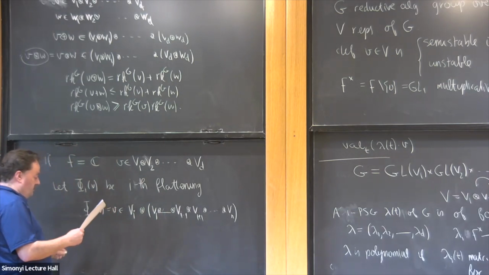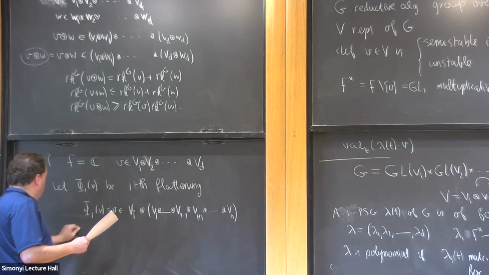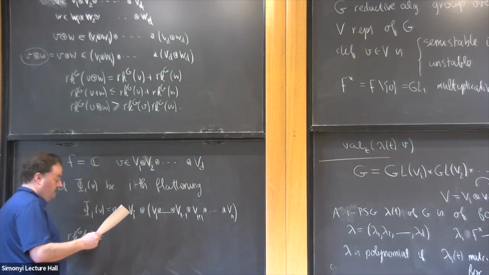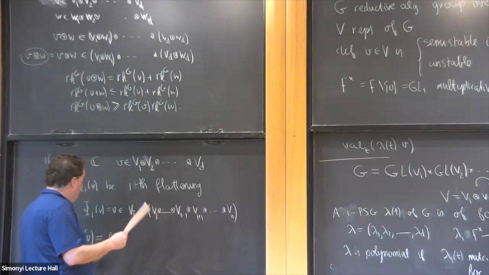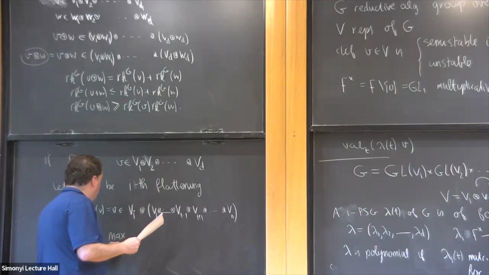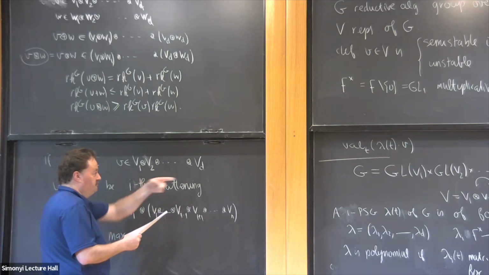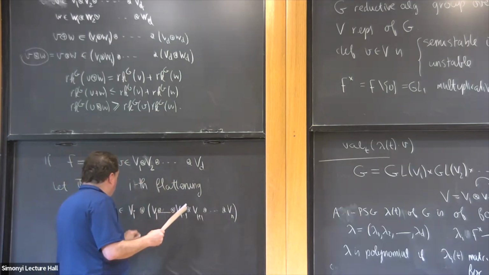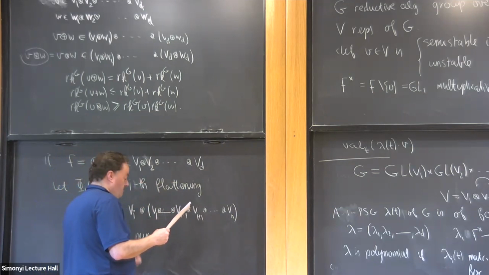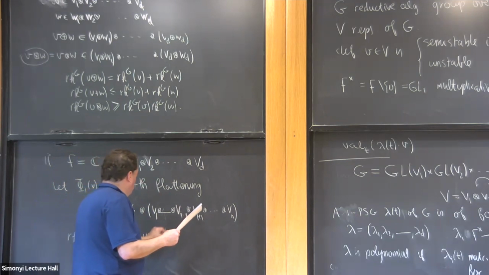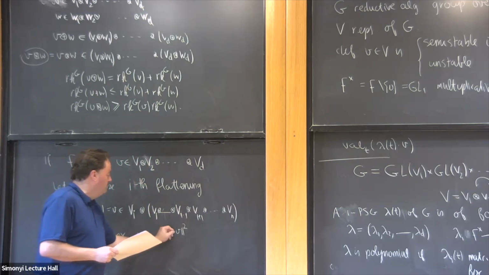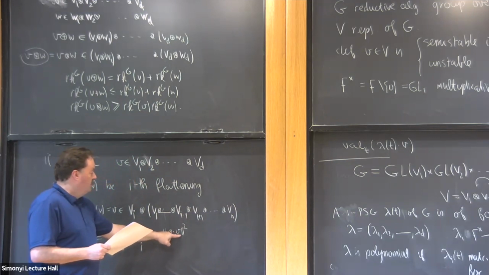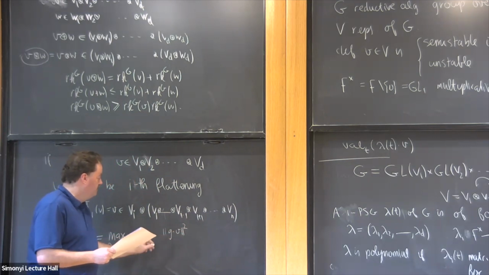Then it turns out that the G-stable rank for V is the maximum over all g in the group, which is the product of the GLs, of the minimum over all i from 1 to d of this quantity, where you apply this group element to V, and you take the Euclidean norm.